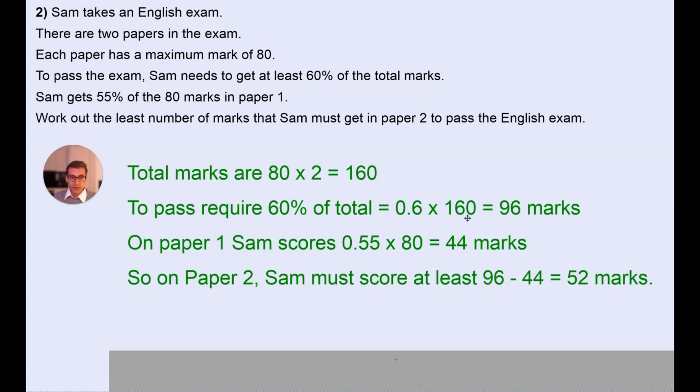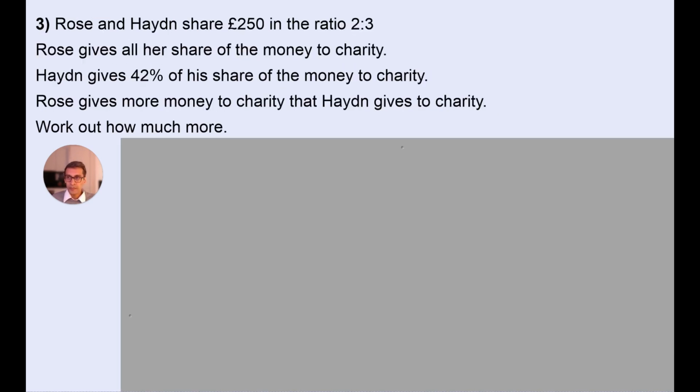You want 60% of 160 because that's 2 lots of 80. So she needs 96 marks. And then on paper 1, because Sam got 55%, that means they got 44 marks, and then that means to get up to 96, there's 52 marks left remaining that Sam needs to get.